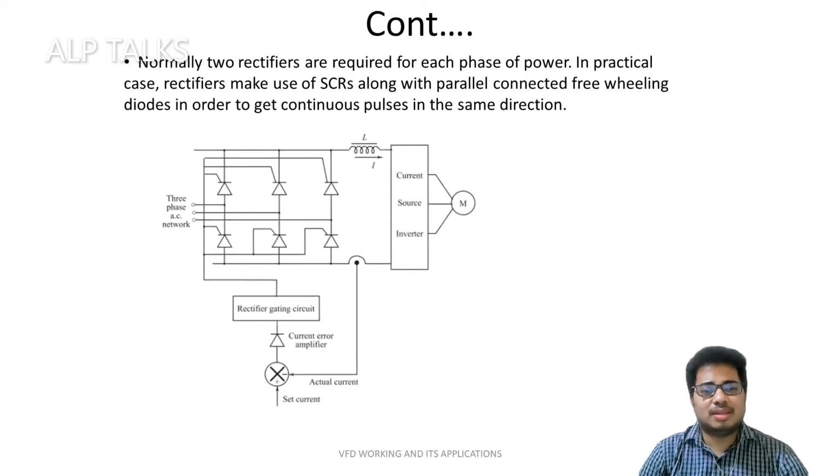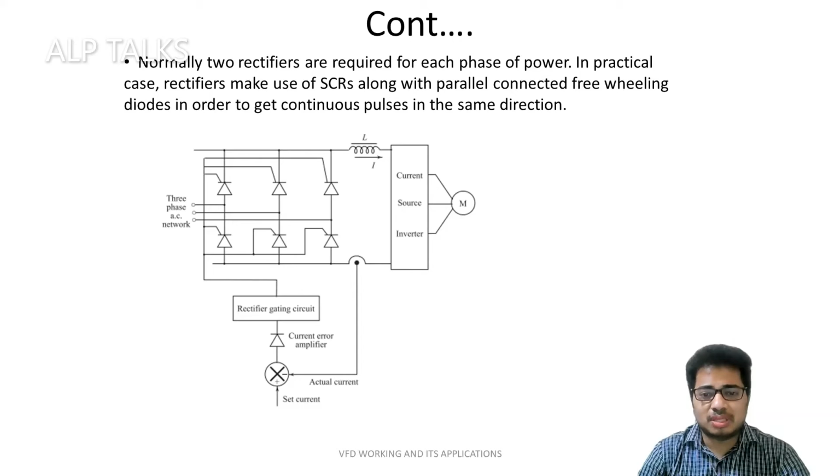Normally two rectifiers are required for each phase of power. In a practical case, the rectifier makes use of SCRs along with parallel-connected freewheeling diodes in order to get continuous pulses in the same direction. Here you can see a three-phase supply is there. We are giving it to the network. You have an inductor and current is there.